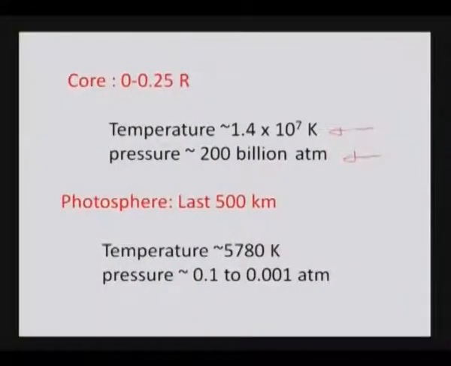That is the kind of density of that gas, and if you calculate the pressure at that density, you can use PV equal to nRT, and the pressure will come out to be almost 200 billion atmospheric pressure.